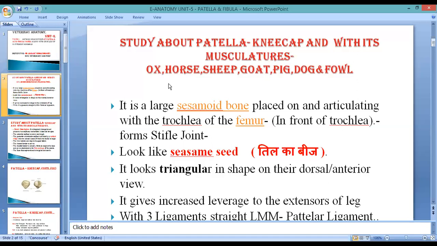So before starting with the patella: what is the patella, where is it located and what is its role? It is the largest sesamoid bone, articulating with the trochlea.